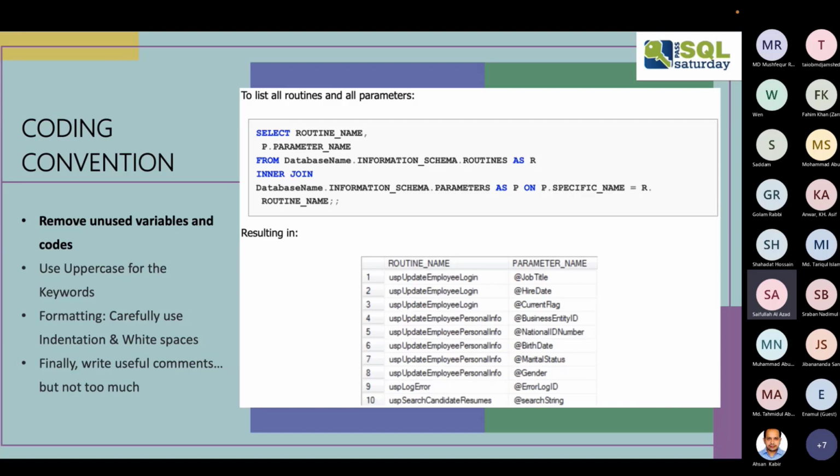When we deploy to production, we must take care of it. Here's one query which helps us identify the unused parameters or variables in our stored procedures, functions, views, etc.